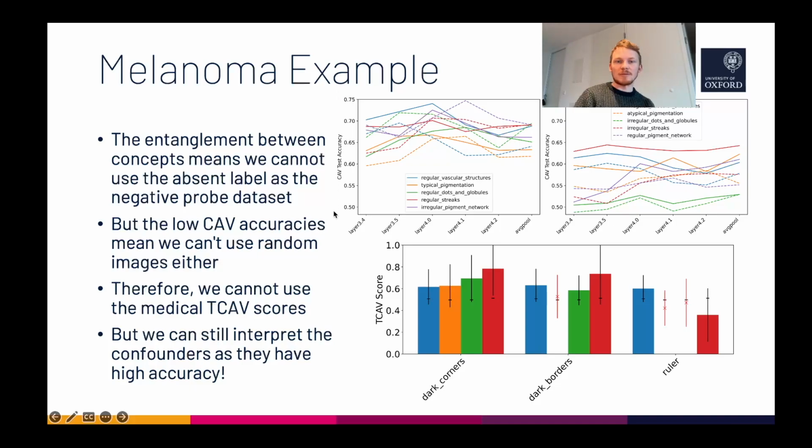On the left is for the absent label, but as we already discussed, we can't use that, so we need to use these ones, and these ones have very close to 0.5 accuracy, which means they don't mean anything. So actually in this specific case, we don't think you can use CAVs for any of these medical concepts that we've got. We can actually still look at some of the spurious correlations like dark corners, dark borders, and ruler, and we go into more detail in the paper, so please go have a read if you're interested.